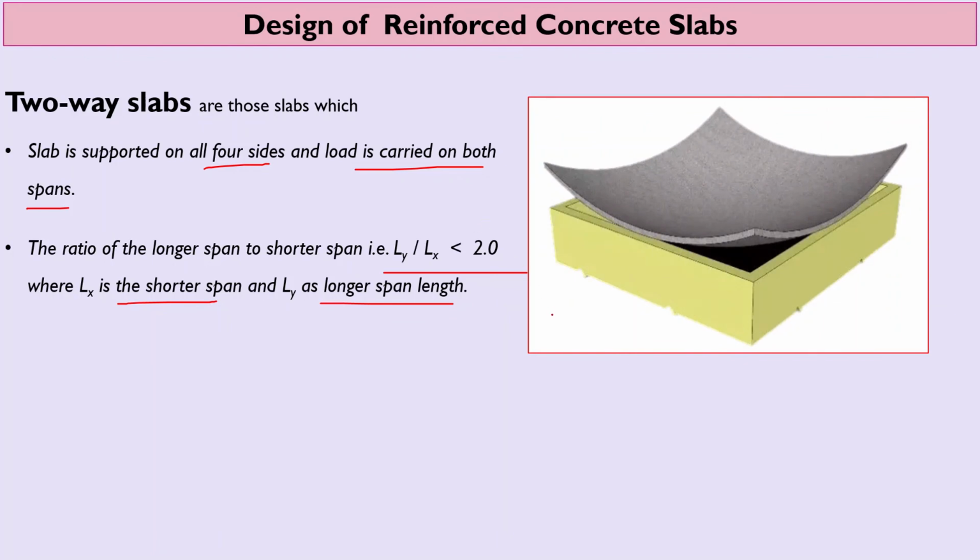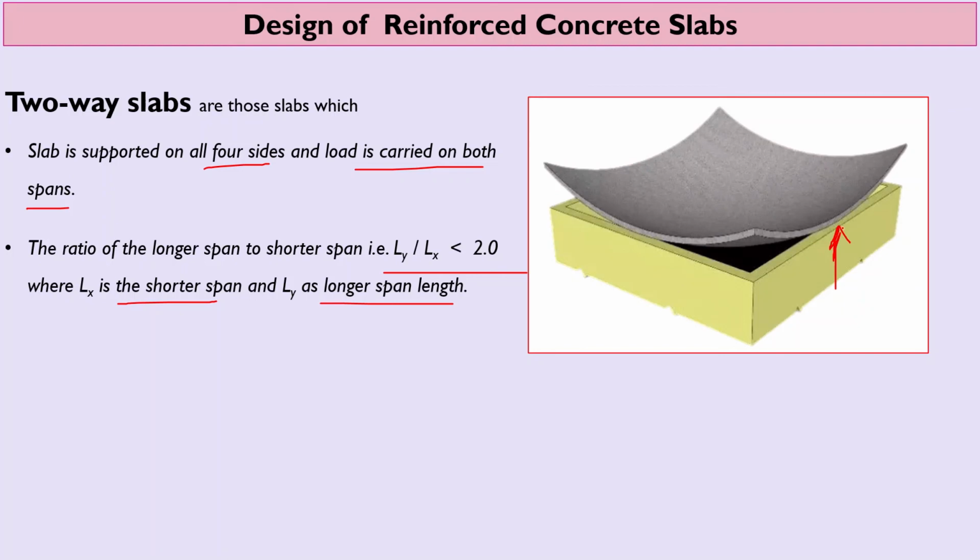Now for this type of slab, you can see in this diagram that they have almost equal span lengths. That means their ratio of one span to another, Ly upon Lx, may be less than 2. What you will observe is that since the slab is supported on all four sides, when load comes on the slab, the bending behavior will be similar to this diagram. That means you have to provide reinforcement in both directions.